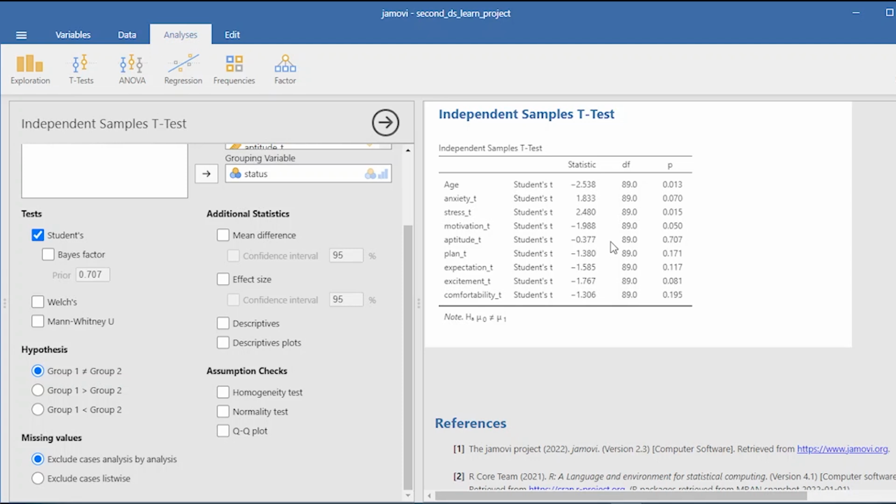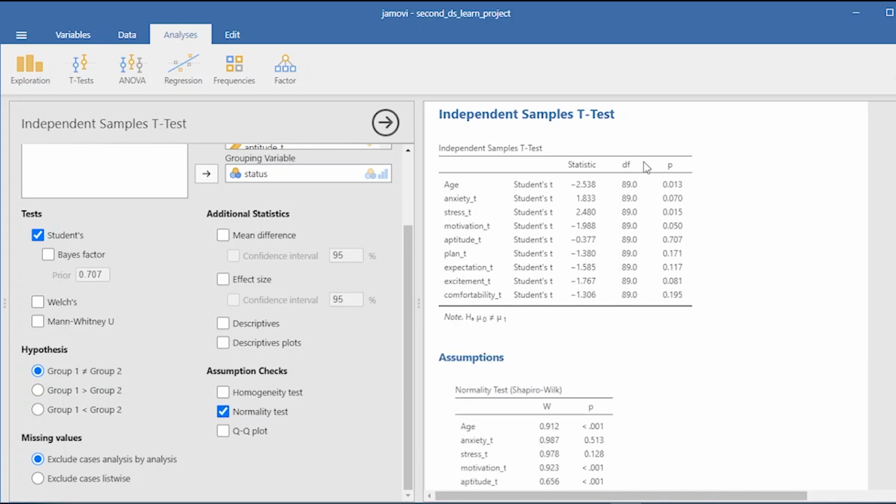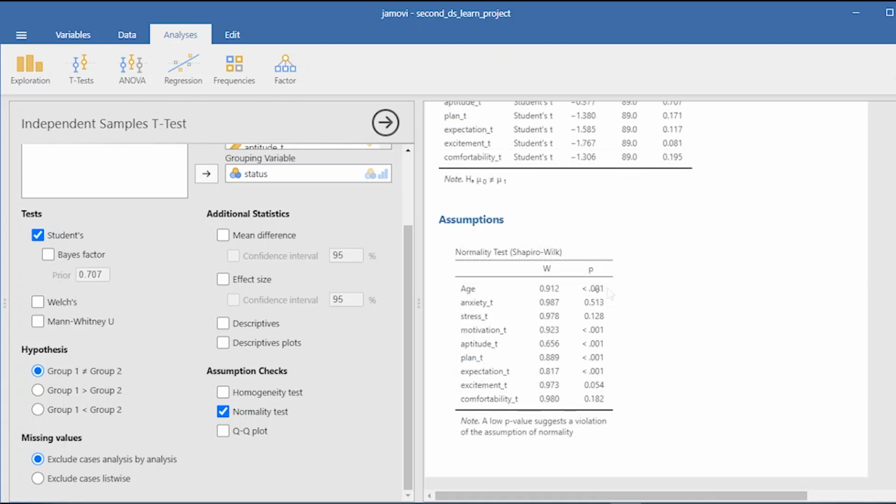Just like the ANOVA, where we were checking the homogeneity test, for the t-test we need the normality test to make sure that they are normally distributed. We saw some of them are not. First of all, the age is absolutely significant, meaning the age isn't normally distributed.